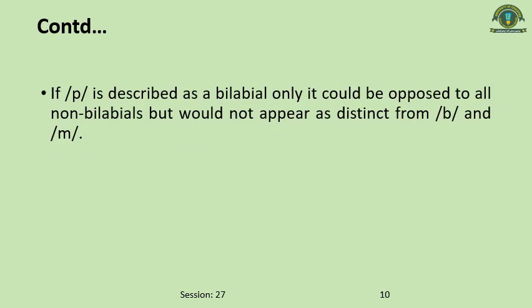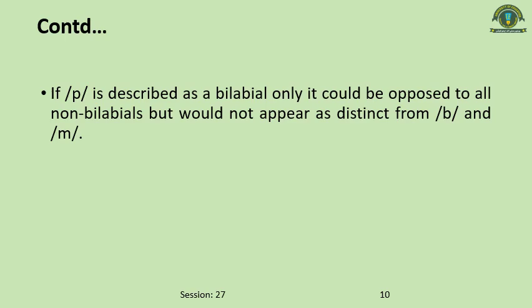Similarly, let's talk about some other bilabial sounds, for example, b and m. Alright? If we compare and contrast p, b and m: if p is described as a bilabial only, it could be opposed to all non-bilabials, but would not appear as distinct from b and m.